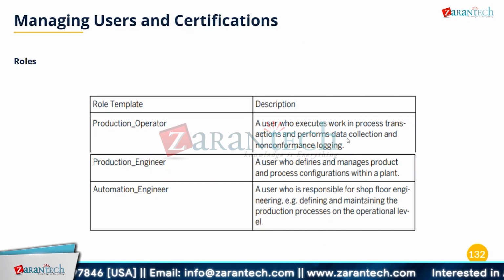This person is basically for those who are actually going to work on this MES system, going to perform the day-to-day activity, which is the operator basically. The production engineer is basically to define the plant level configurations. And the automation engineer is the person who is responsible for the end-to-end shop floor to DMC integration. So for those, we have these roles.